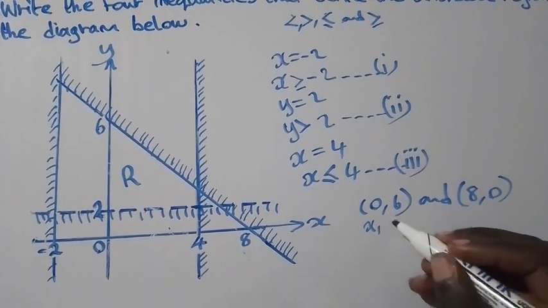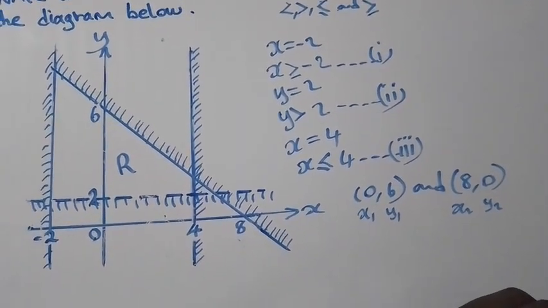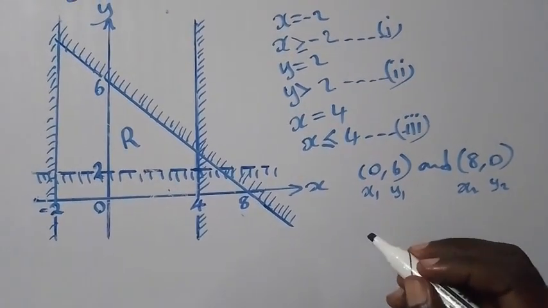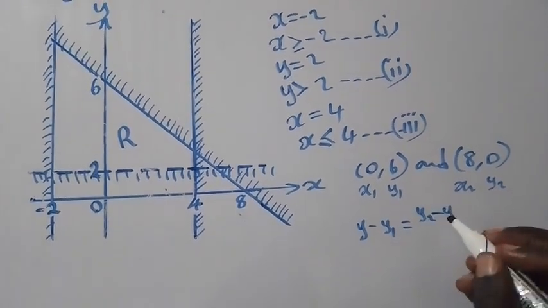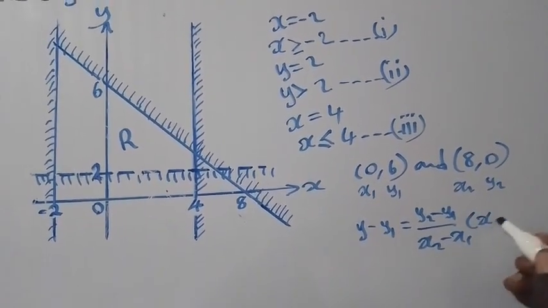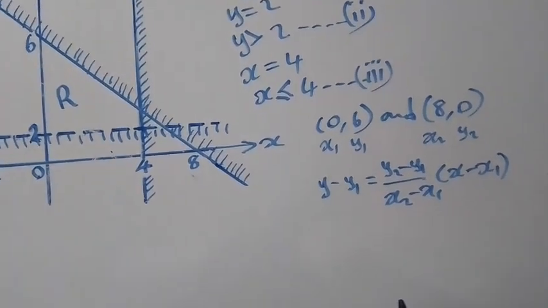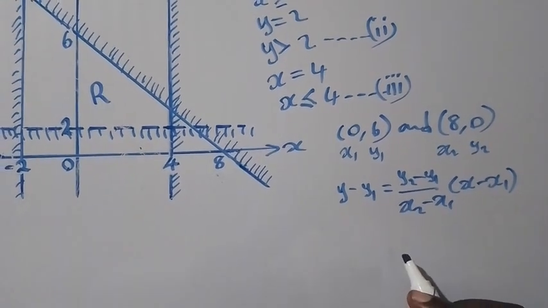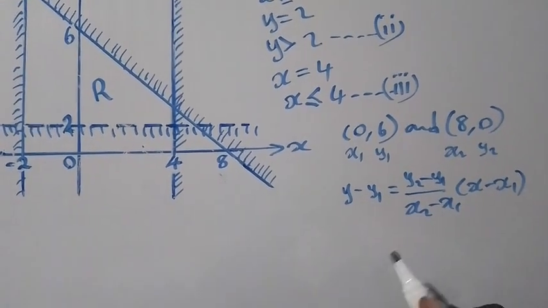So x1, y1, x2, y2. We go into coordinate geometry full time. So y minus y1 equal to (y2 minus y1) over (x2 minus x1), then times (x minus x1). This is the combination equation, killing two birds with one stone: finding the gradient and at the same time making the equation.